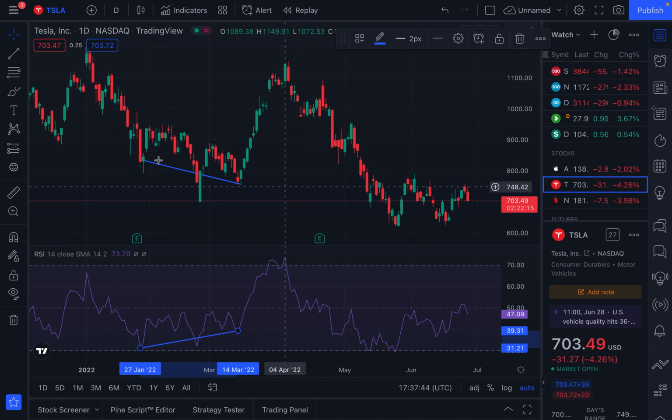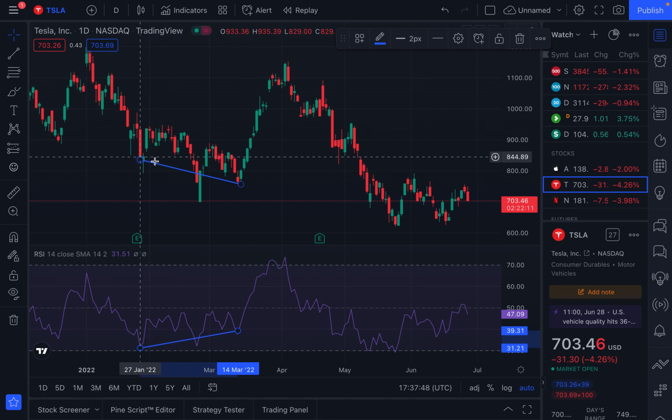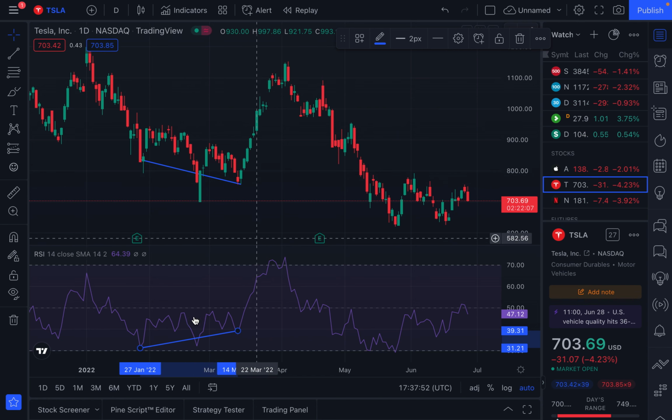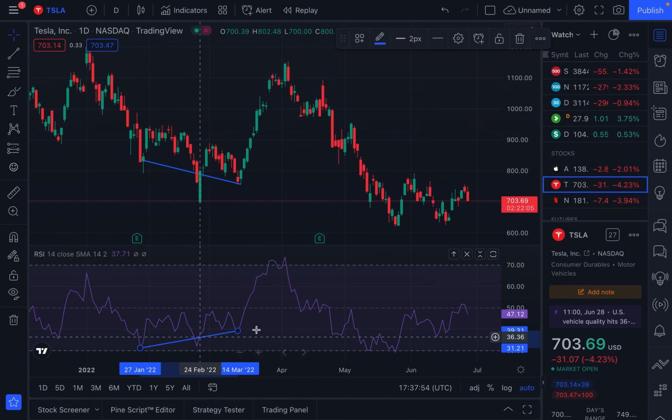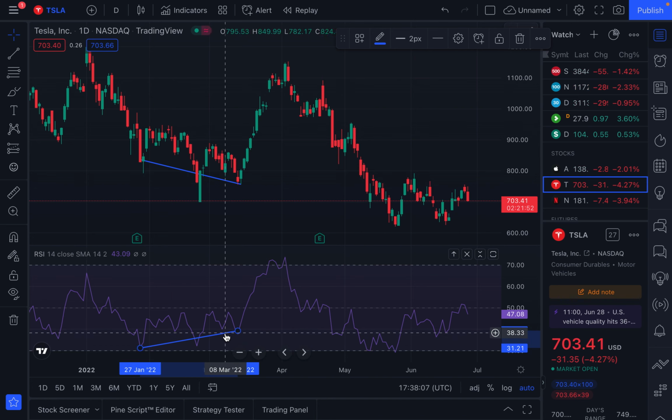Up here, for the price of the stock, we had this line connecting the lows that was pointing downward. Over here, when we connected this line on the RSI indicator, which also connected the lows, which direction was it pointing? It was pointing upwards. It wasn't pointing downwards like up here. This is an example of bullish divergence.